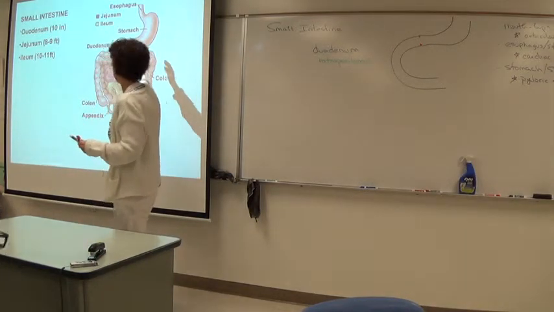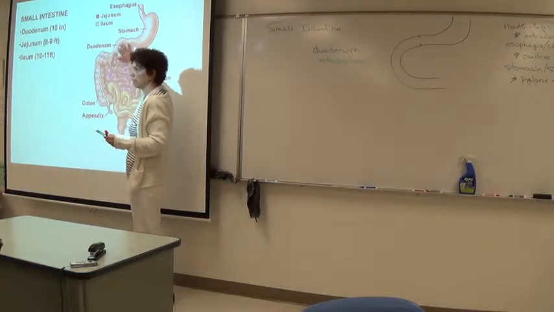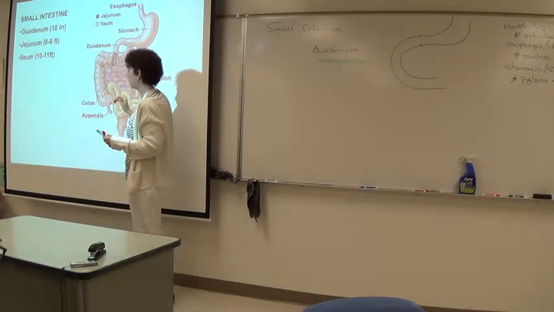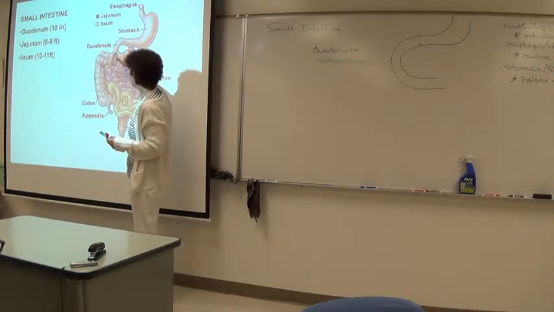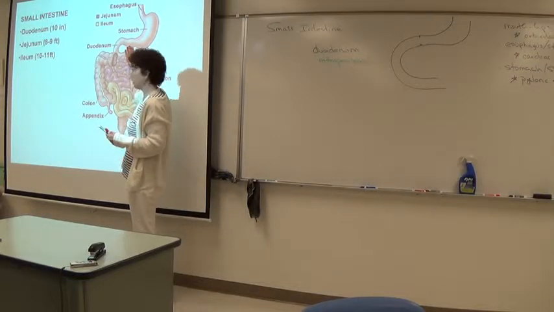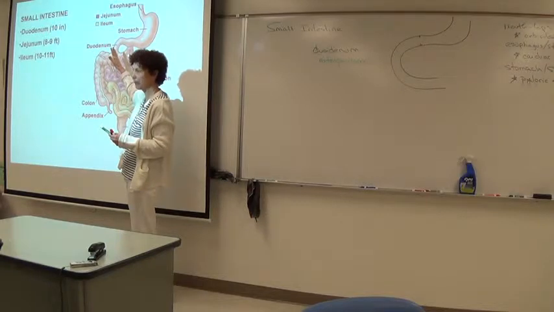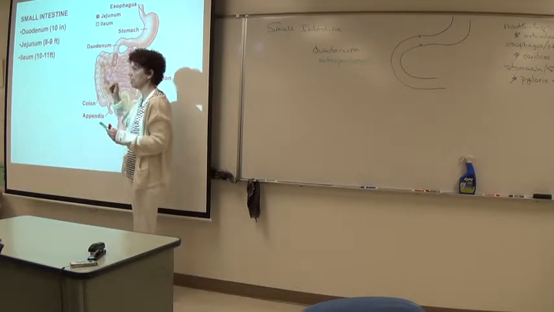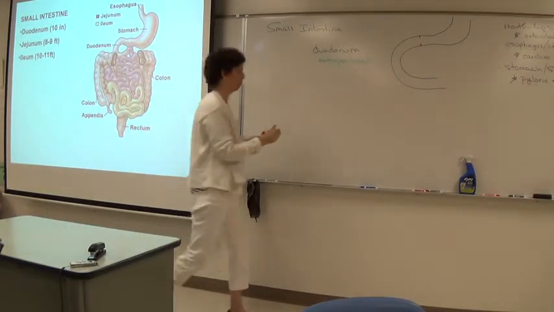That's what happens to the duodenum. It rotates over and is fused to the posterior abdominal wall. Then right at this point here, see this knob? That knob is where it becomes intraperitoneal and is the indication of the beginning of the jejunum.